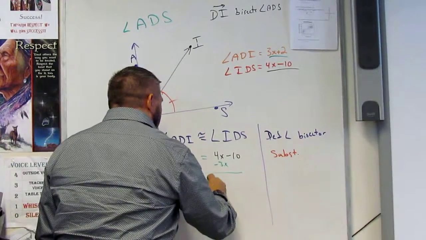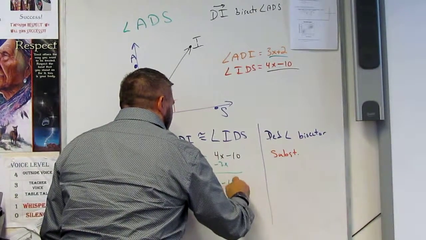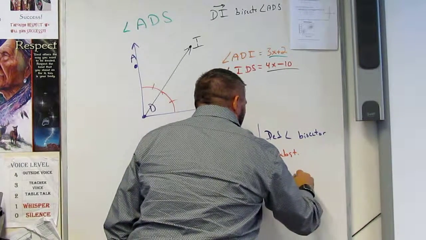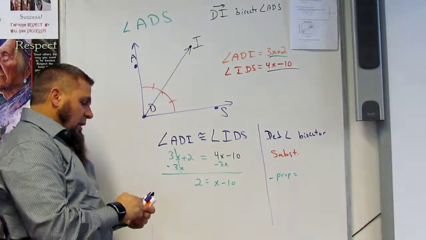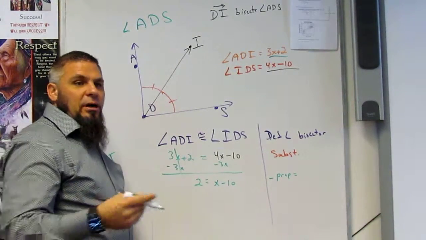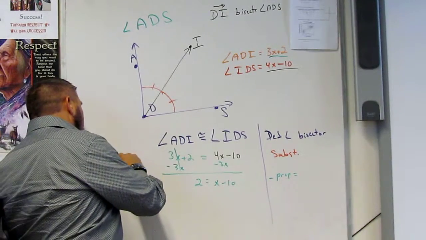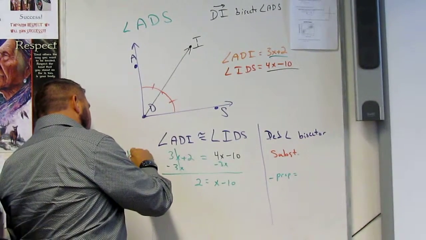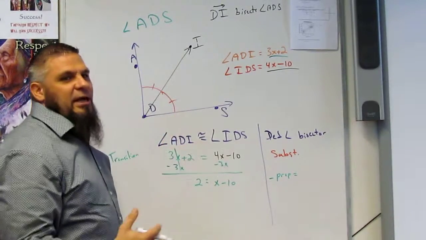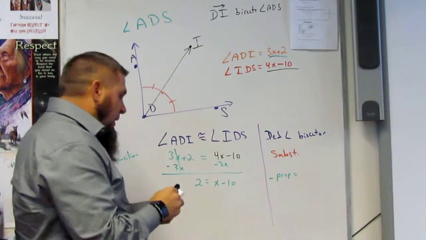This cancels, so I get 2 equals x minus 10. And that's, again, subtraction property of equality. Remember what we call that back in algebra, I call it transition. Get the x's to one side.